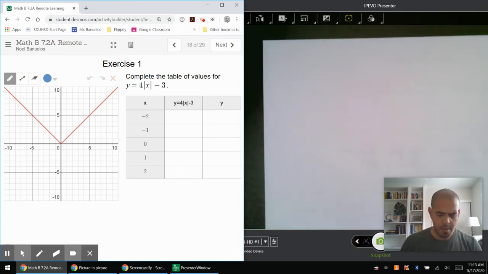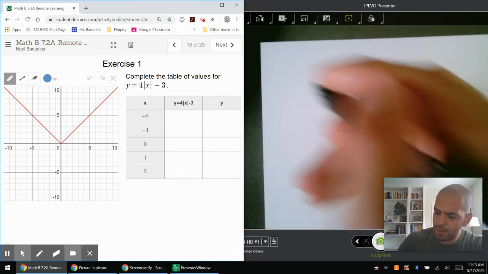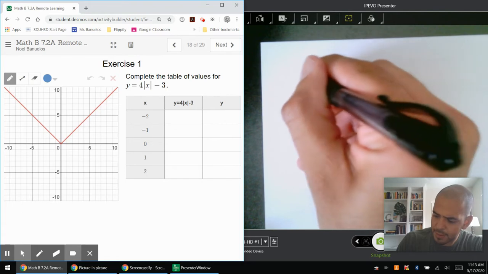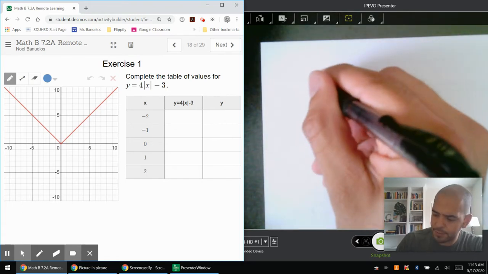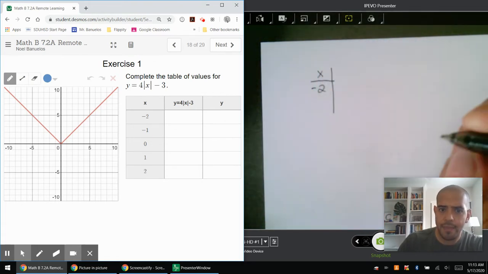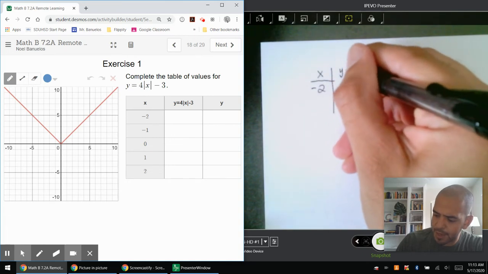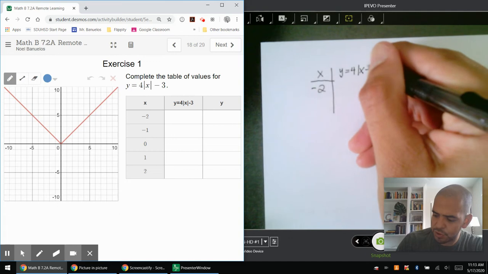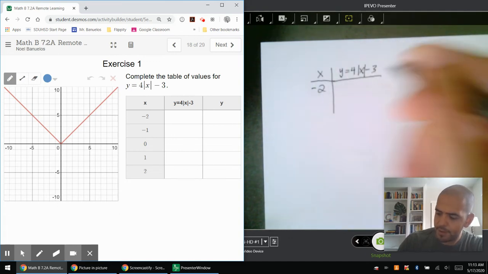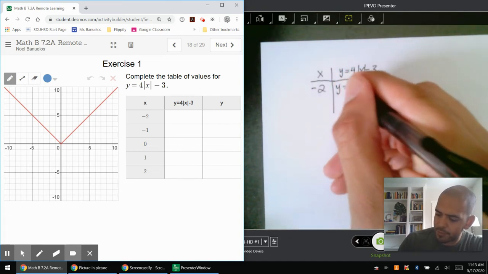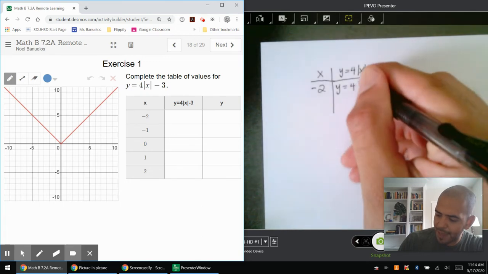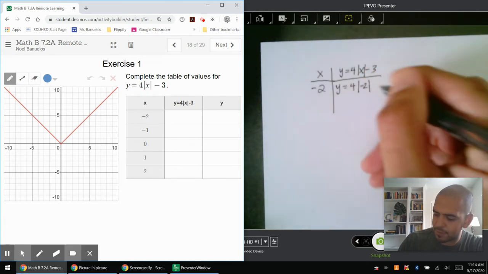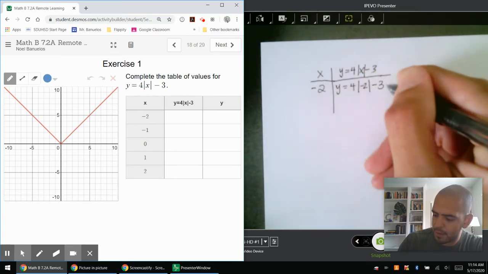So here we go. x is -2. And then I'm going to plug in -2 into my function. So y equals 4 times the absolute value of -2 minus 3.